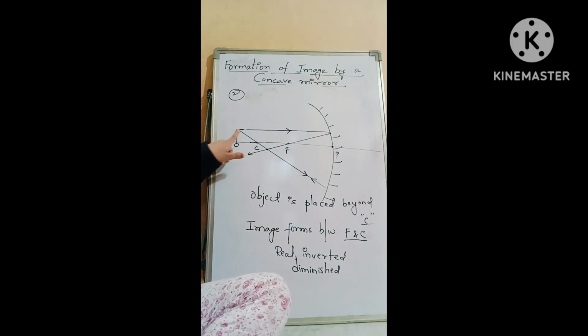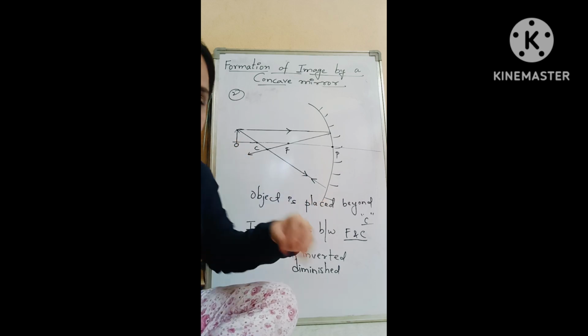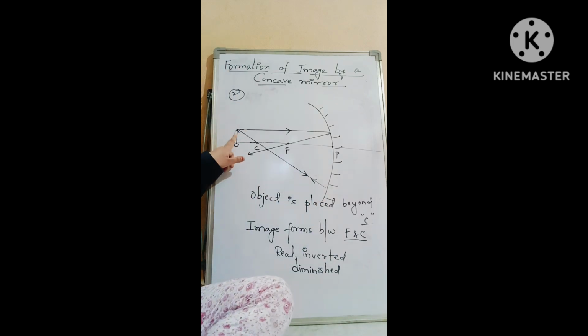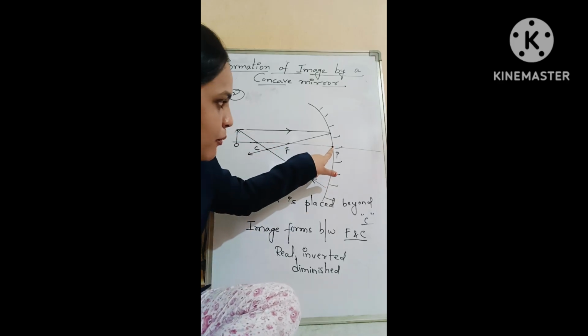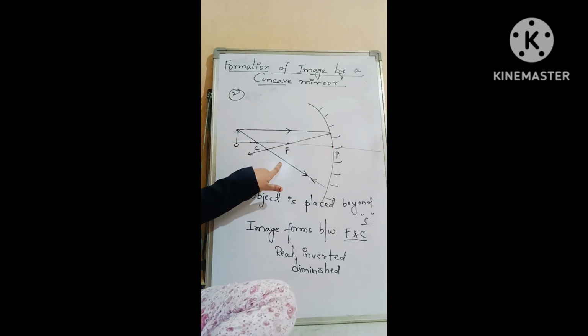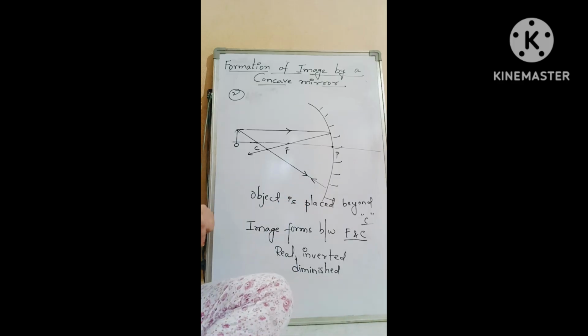So I took one parallel ray and one ray which is passing through the center of curvature. It's your wish. You can take one more ray which is passing through the focus or through the pole. I took the one passing through the center of curvature. I'll tell you why.